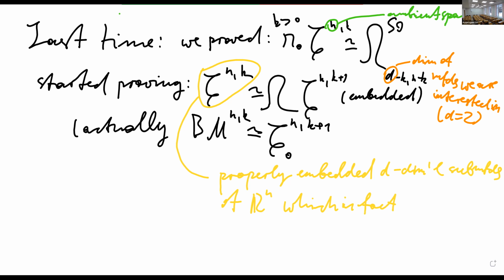So it's the space of all properly embedded d-dimensional submanifolds of Rn, which in fact live in Rk cross 0, 1 to n minus k. So in particular, when we project those submanifolds to Rk, we get the proper map.